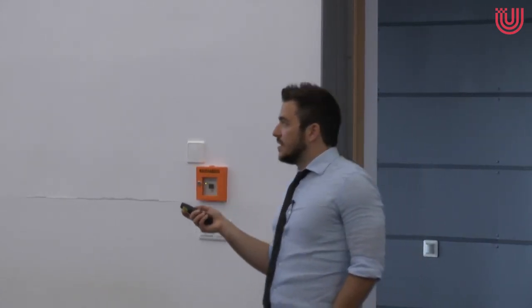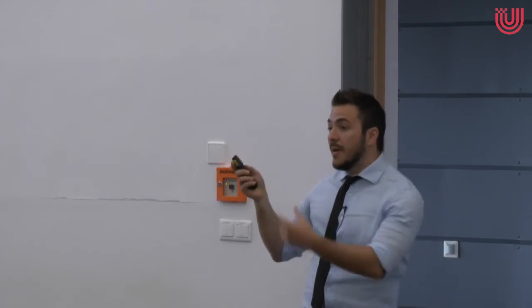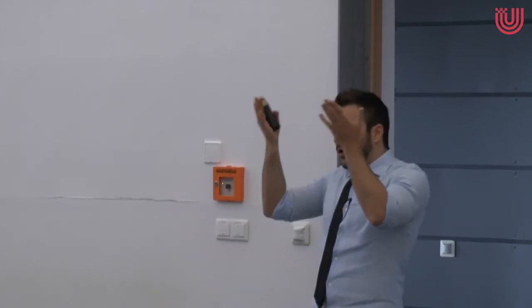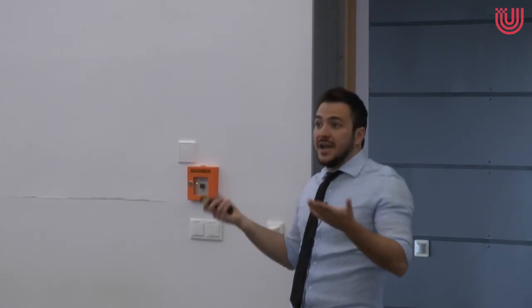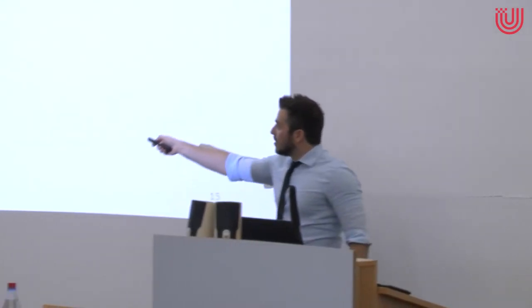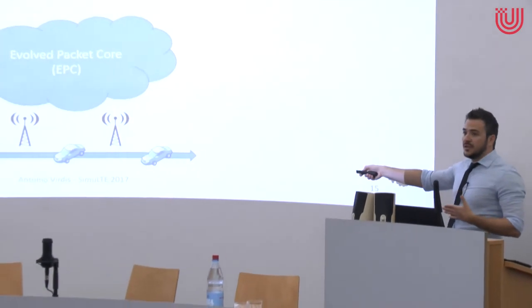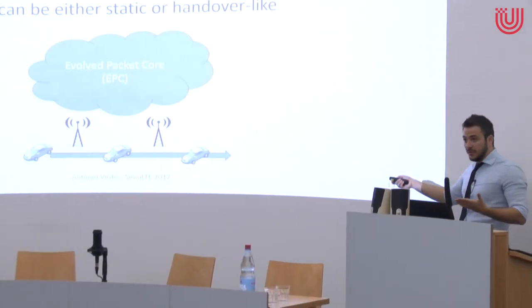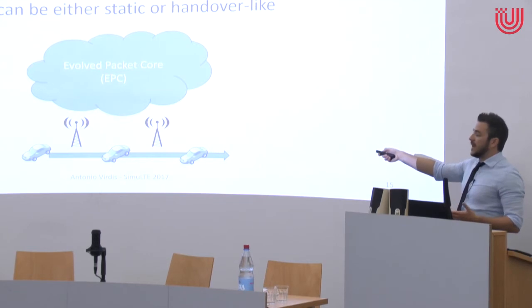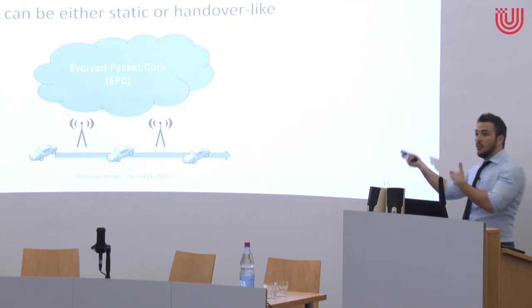The cool thing is that it will actually behave as in a normal network, because remember that everything on top of SimuLTE is INET. In this case, I was implying that those two base stations belong to the same operator, and the evolved packet core network also belongs to one operator.